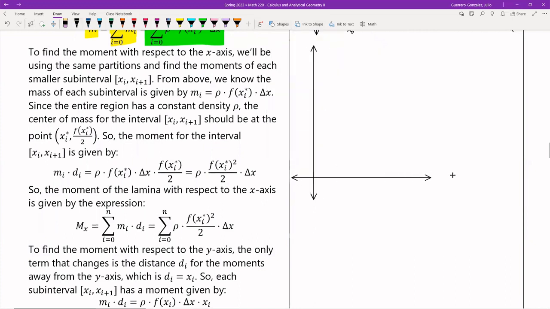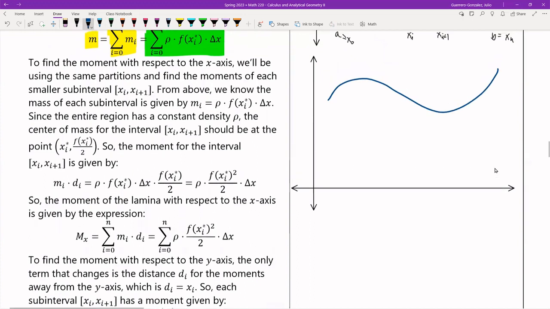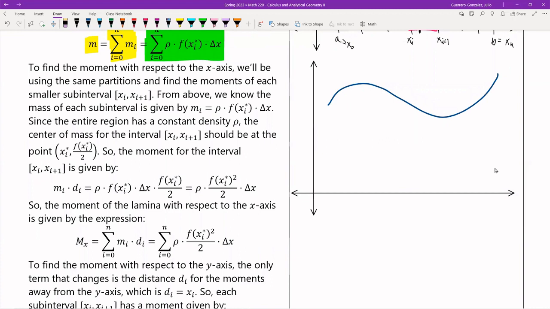And here's my other axis. It's going to be the same exact shape as above. So here's my f of x, and I'm doing the exact same shape from a to some point b.